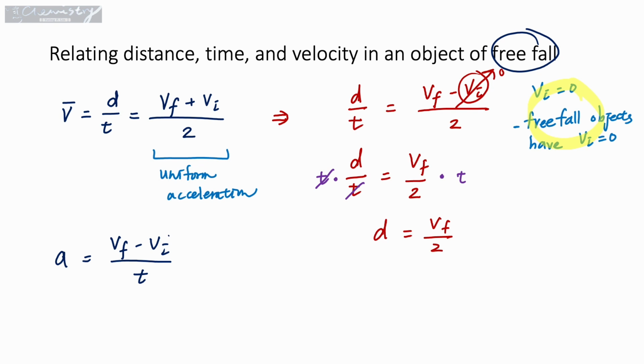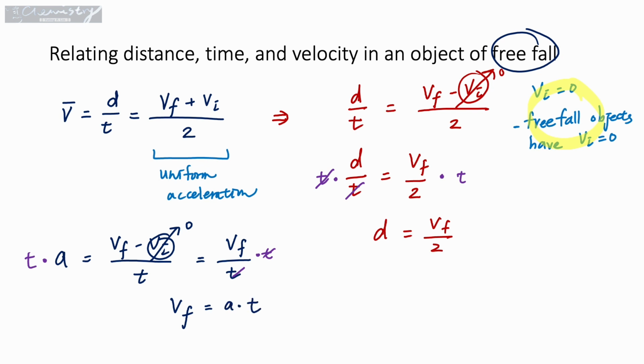So this term is going to equal 0 again. So this is going to equal Vf over t in free fall. And we can rearrange it in terms of Vf by multiplying t on both sides. So we can say that in free fall, Vf equals a times t.